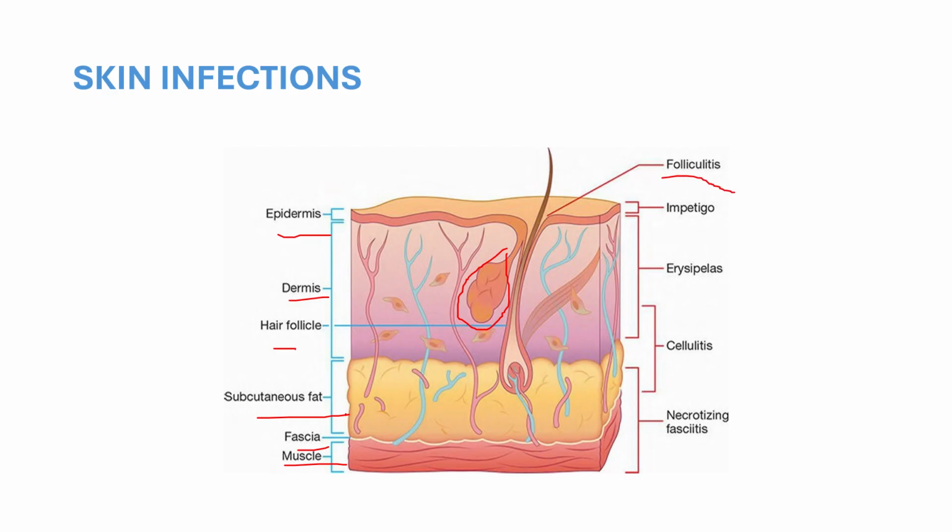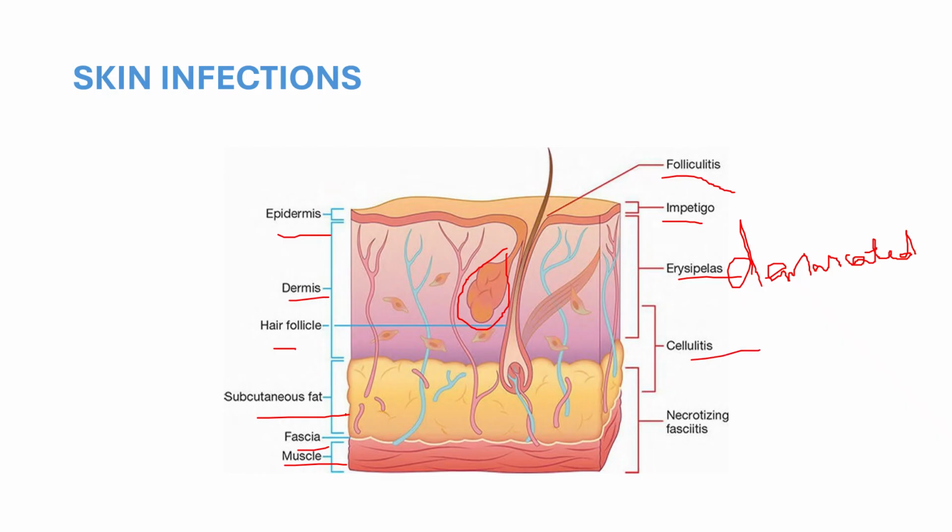So folliculitis means infection involving the hair follicle. Again, that can spread to involve more than one follicle, forming a furuncle or a carbuncle. Impetigo is a superficial bacterial infection of the skin. Erysipelas is a very well demarcated lesion. So for erysipelas, the main word is demarcated, highly demarcated, maybe involving the face, and it involves the dermis.